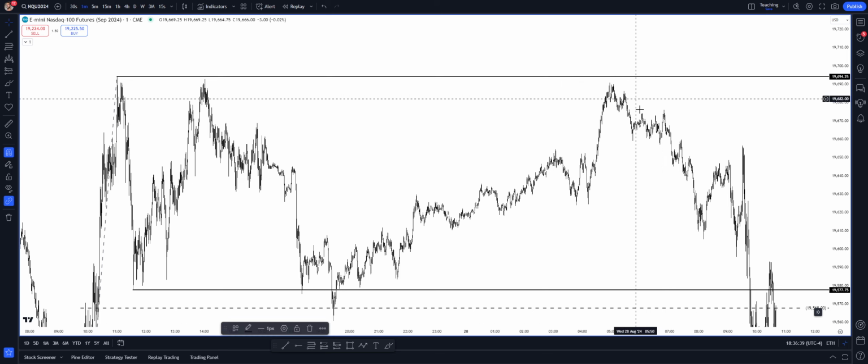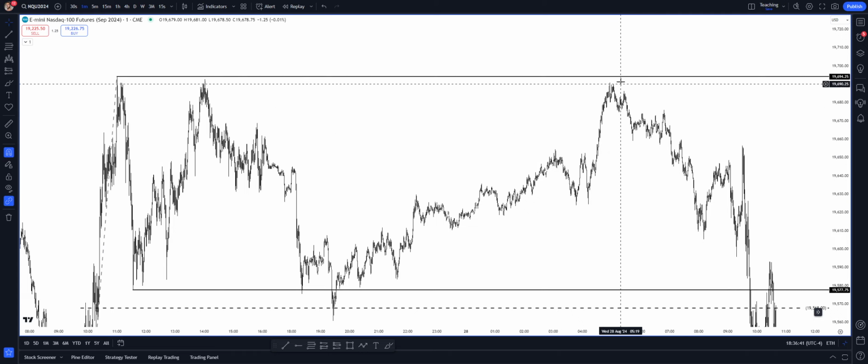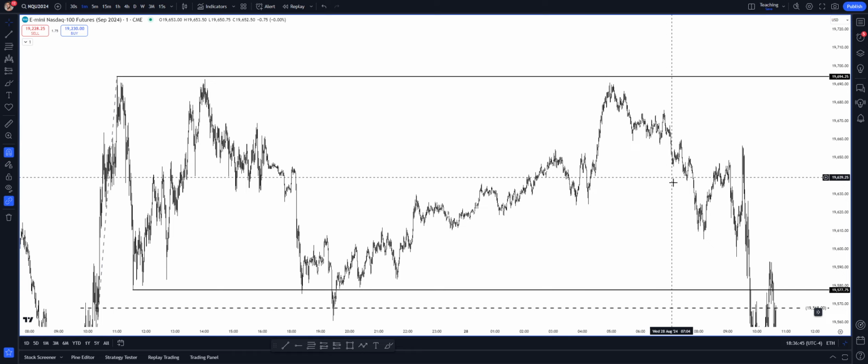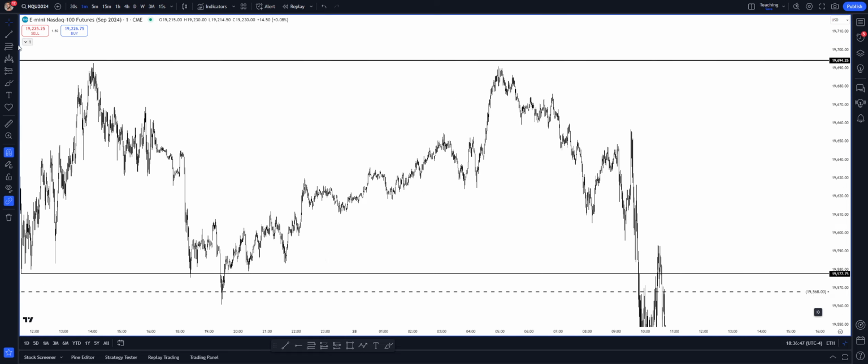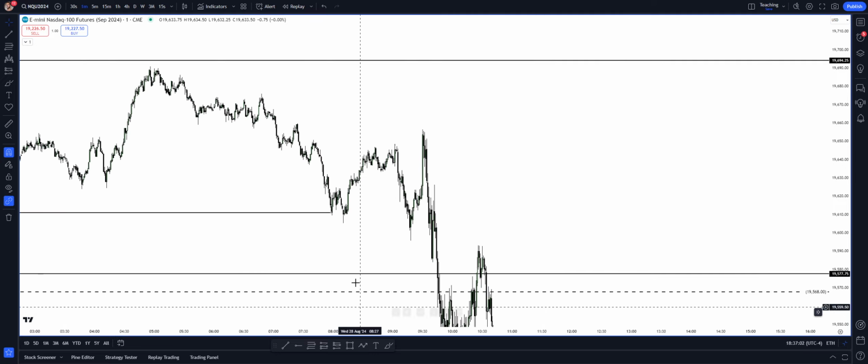Now, initially, I thought it could fade that move to the downside during the pre-market. This was my thought process. We have clean lows here, clean lows here, and kind of clean lows here as well. The market dropped, seeked some sell side, dug one more time, and rejected it.